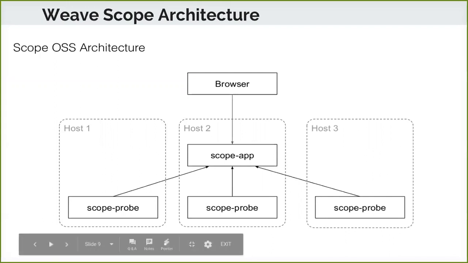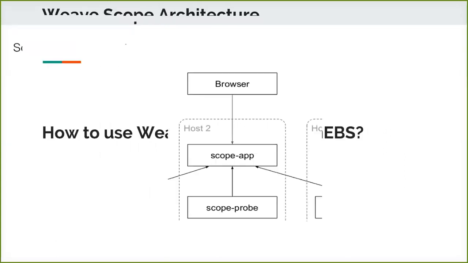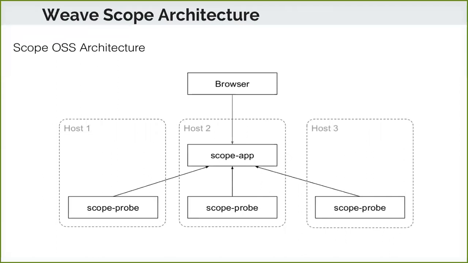Each probe sends the data in the form of a report, and those reports are gathered and merged at the level of the application, and that application will in turn send that final report to the browser. All right. So this is about the architecture.